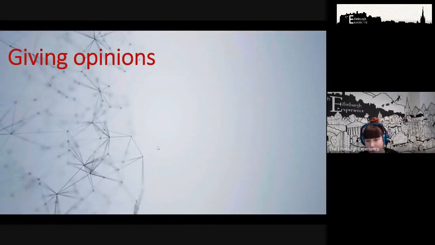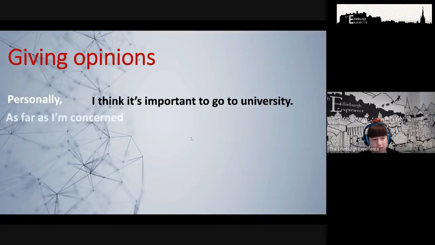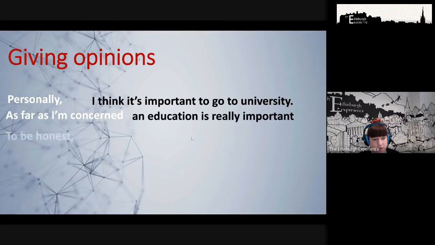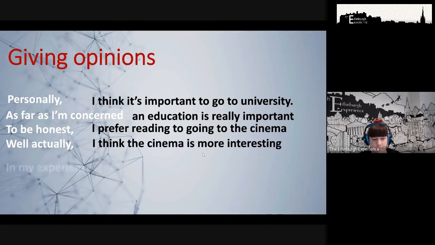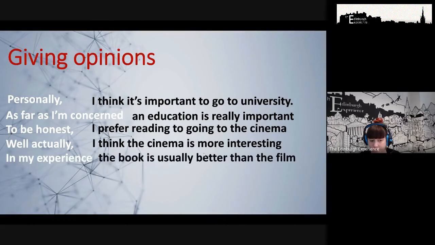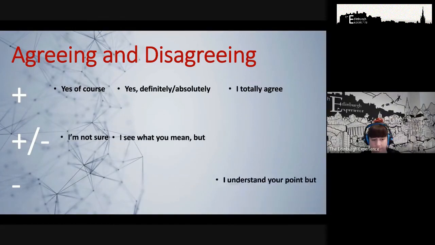All right, so let's just quickly go through that again and see how many of these you managed to write down. So here are the ones that we had as the nice, simple ways to improve giving opinions. Here are the ways that we talked about agreeing and disagreeing.